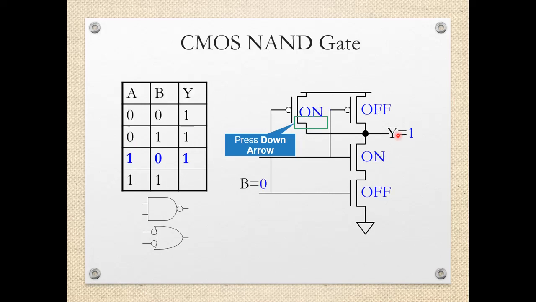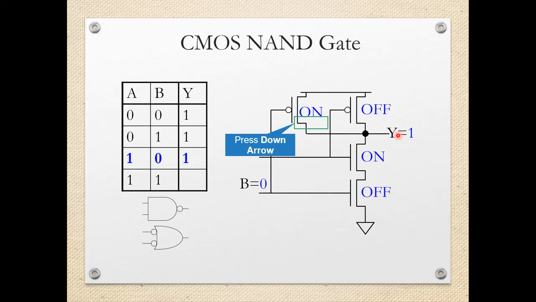We'll check the third condition. A is 1, B is 0. So A is 1 means now again N MOSFET will be on, P MOSFET will be off. B is 0, P MOSFET will be on, N MOSFET will be off.